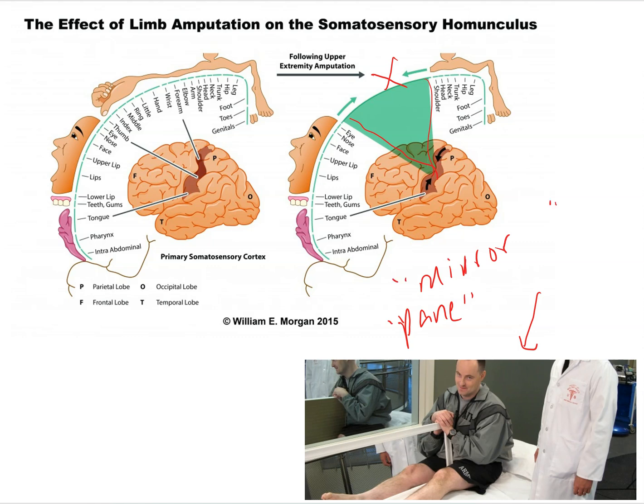The individual is missing their limb, but if you put a mirror up and they exercise their good leg, the brain sees the mirror image moving and thinks it's the amputated leg. Kind of interesting, but they've had a lot of success with that type of therapy.